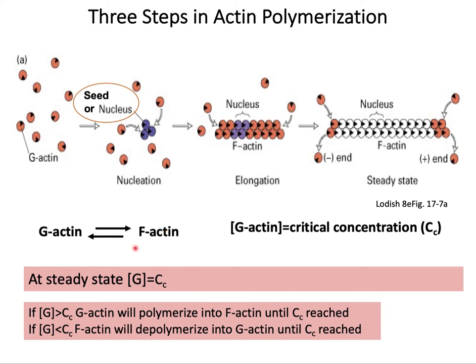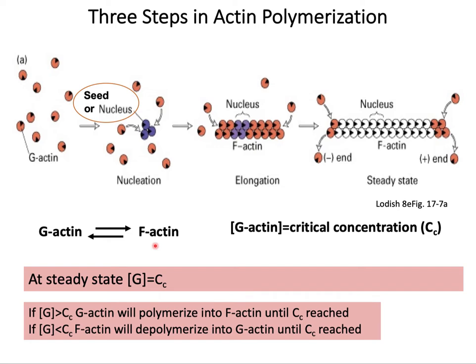So you can think of these three steps in actin polymerization as a biochemical reaction. Shown here, G-actin is converted to F-actin, and F-actin is depolymerized into G-actin in the reverse direction. So at steady state, the concentration of G-actin is the critical concentration.